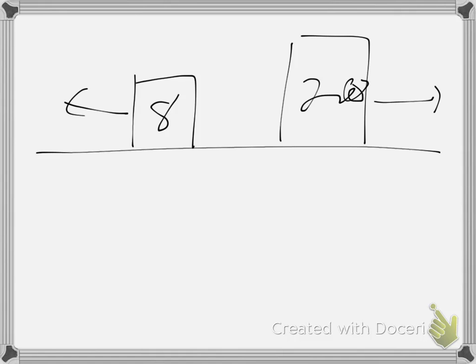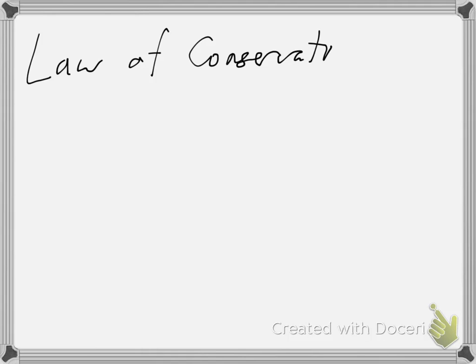But in all these cases, the one thing that we can always go back to is that the momentum has to stay the same because of a certain law. That law being the law of conservation of momentum.